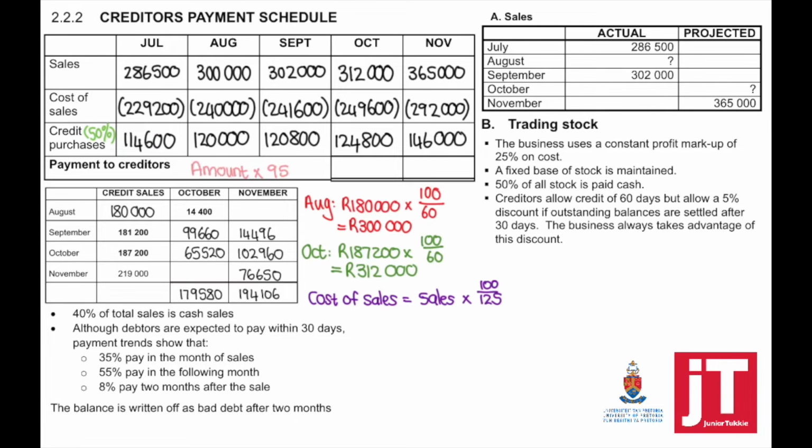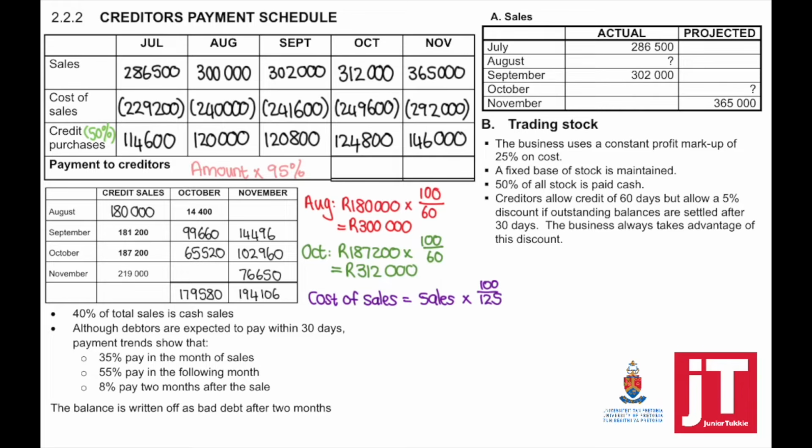To calculate the payment to creditors, we pay them after 30 days, although we've got 60 days, so that we can get a discount of 5%, which means that we're only going to pay at 95% of the total outstanding amount.